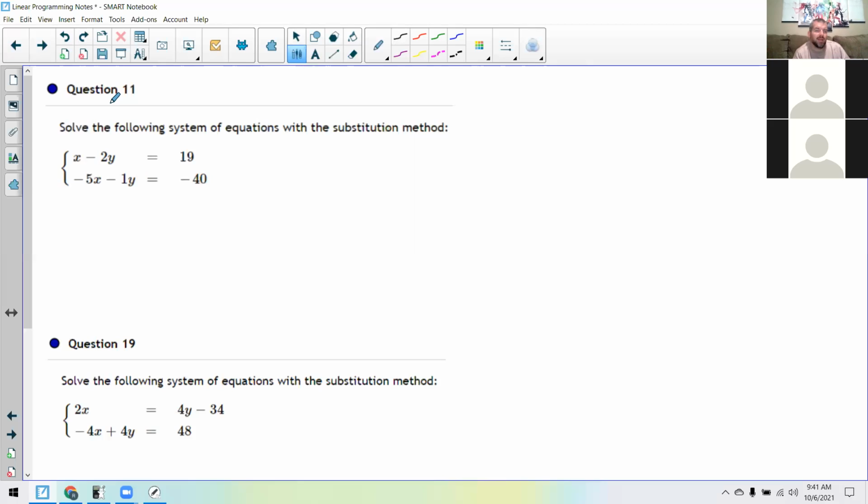All right, now I'll open it up to anybody. First thing you did for number 11. It's okay to be wrong. I'm wrong a lot. I multiplied the top by 5.